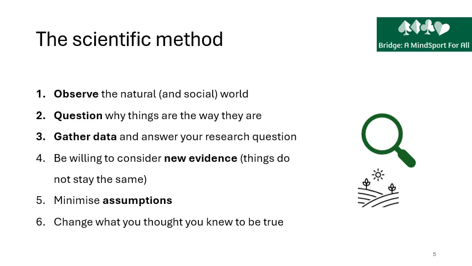The key principles of the scientific method, as researchers used to see them back then, were that we as people are observers of the natural and social world, and we may come to question why things are the way they are or how they could be. Once we do start to question things, then we need to gather data to answer our research questions, and we need to be willing to consider new evidence on an ongoing basis and to update our understanding, as things do not stay the same over time.